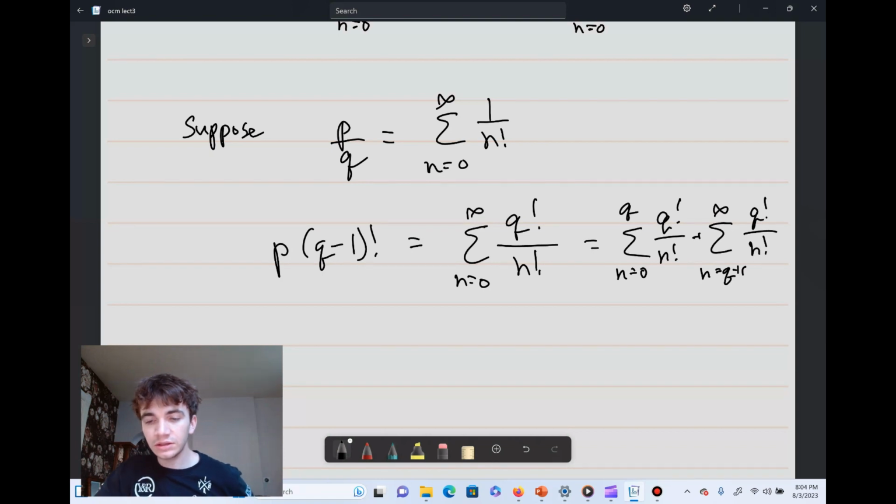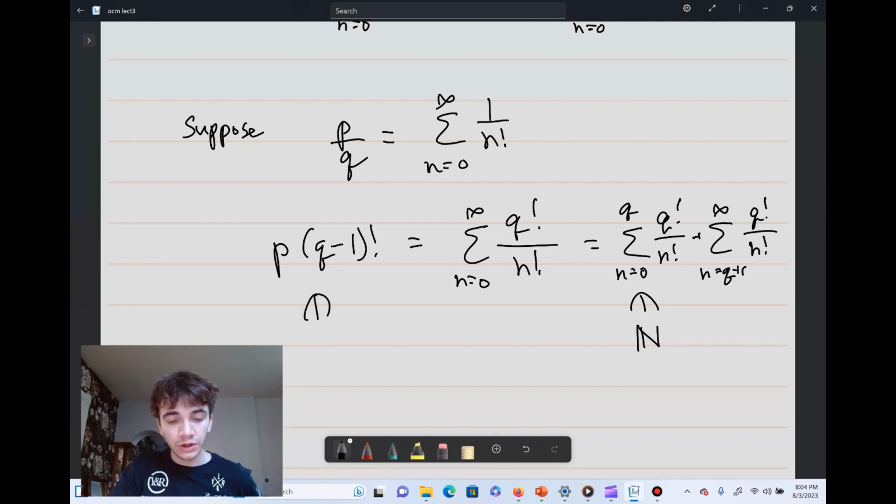And since n factorial in this first summand will divide q factorial in each term, we know that this has to be a natural number because we're just adding a bunch of integers together. And similarly, p times q minus 1 factorial is also a natural number, okay?